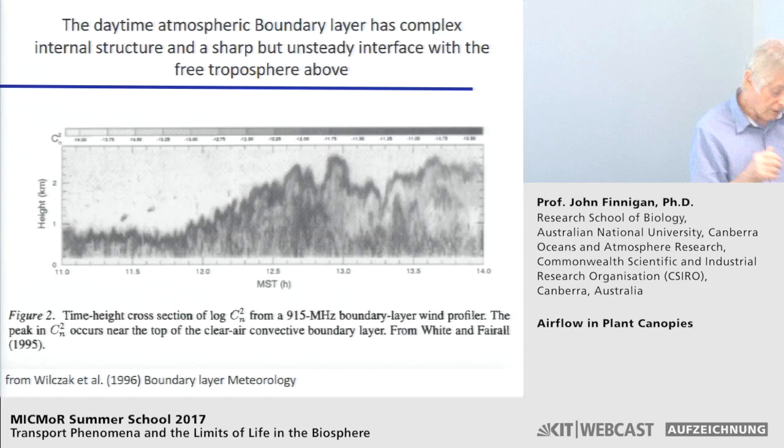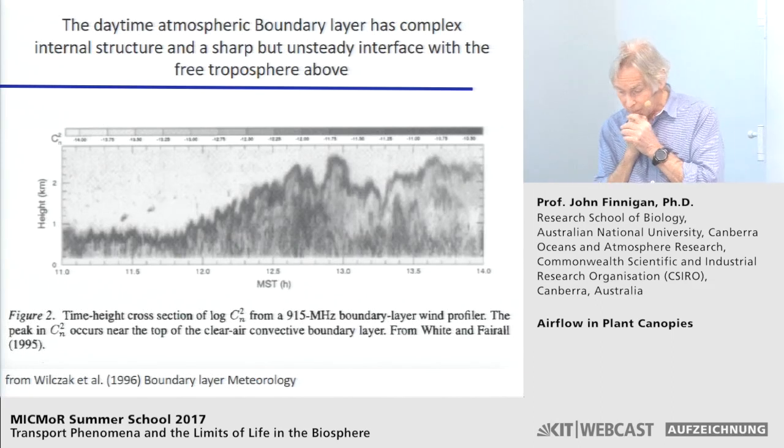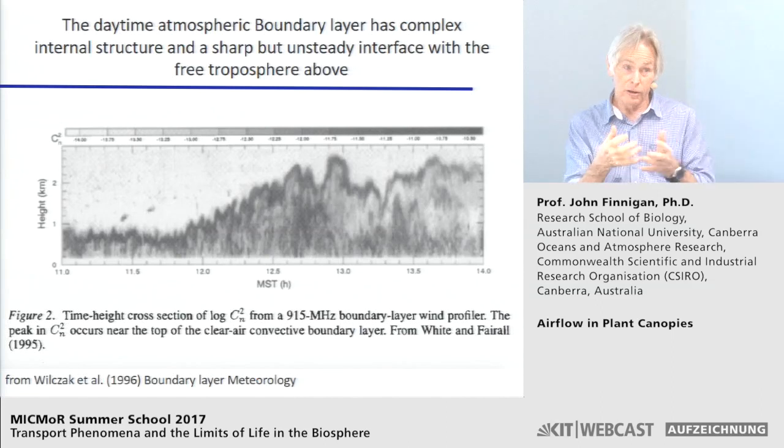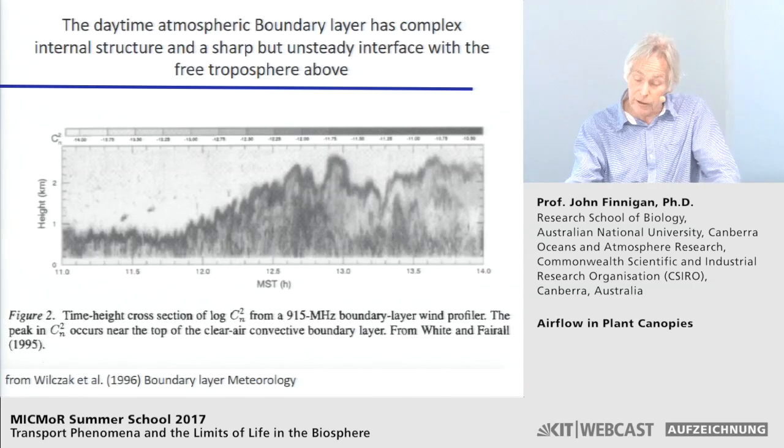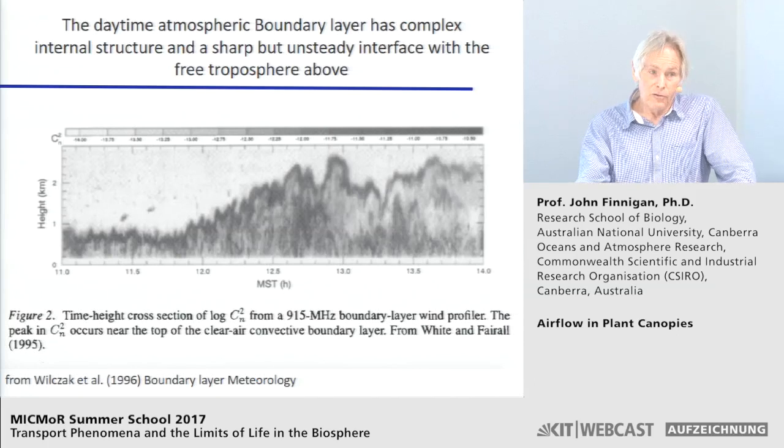To tell you a funny story about these acoustic sounders, which give these beeps, we were using one in an experiment looking at the dispersion of smoke from a power station on the coast of New South Wales, about 100 kilometers north of Sydney.